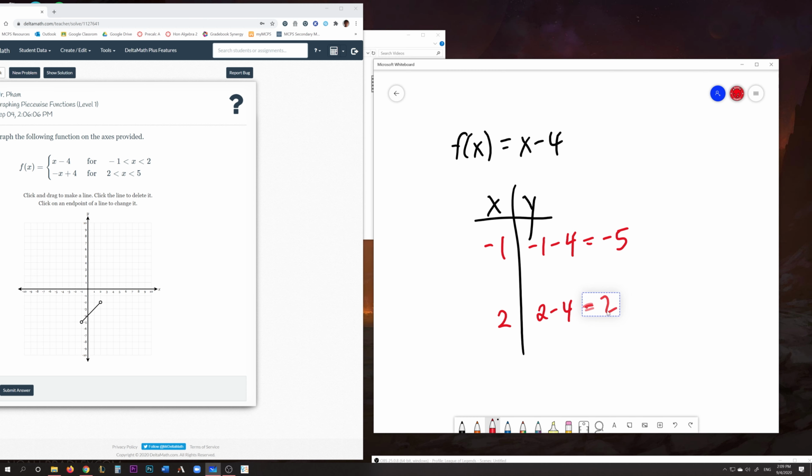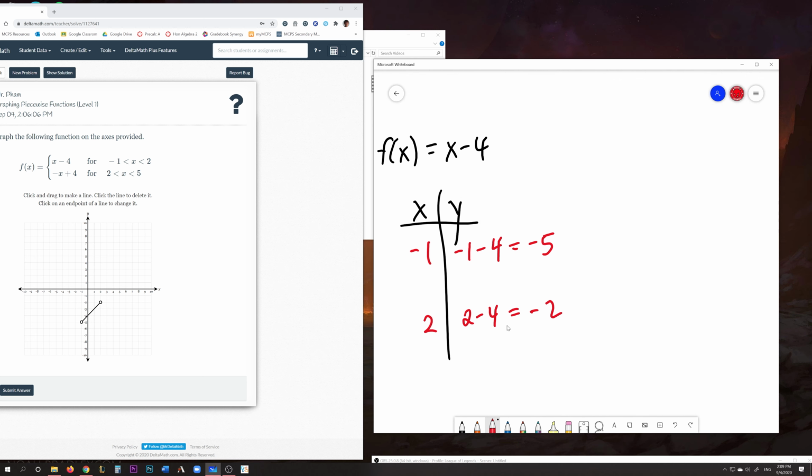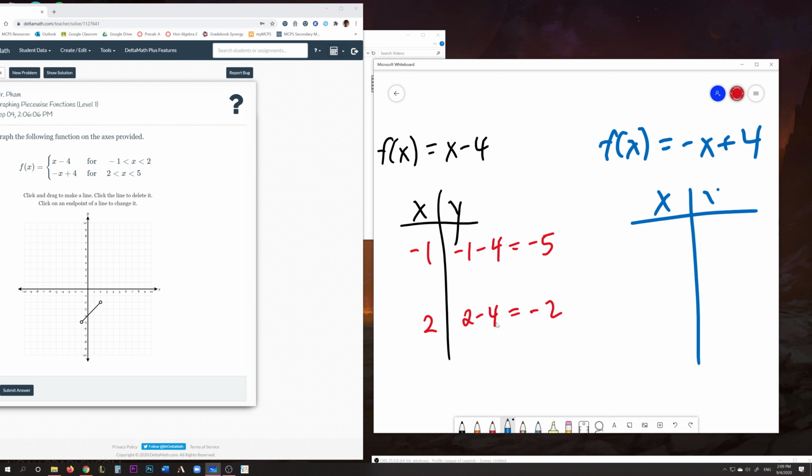Once we're done with that, we move on to our second piece of our piecewise function. Let me do it in a different color. F of x is equal to -x plus 4. This is also a linear function. So now the endpoints are at 2 and 5.